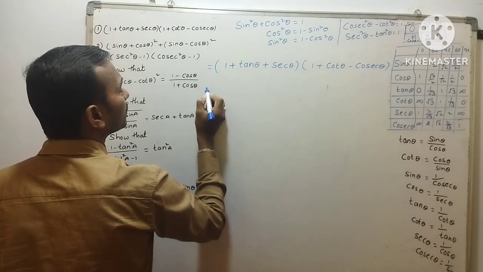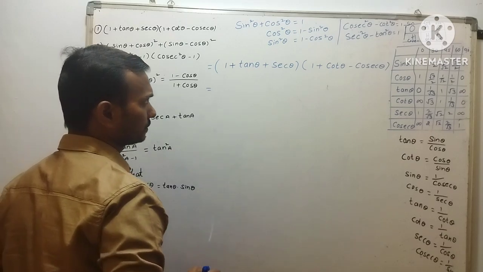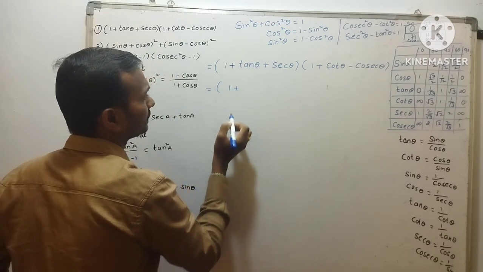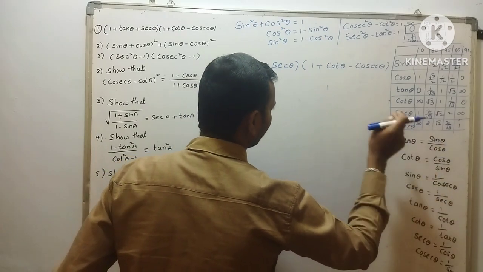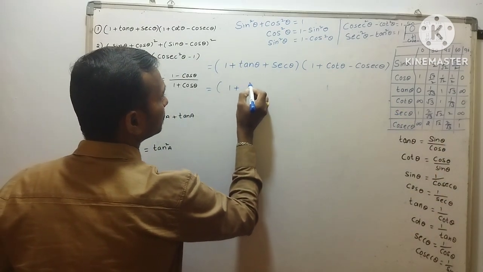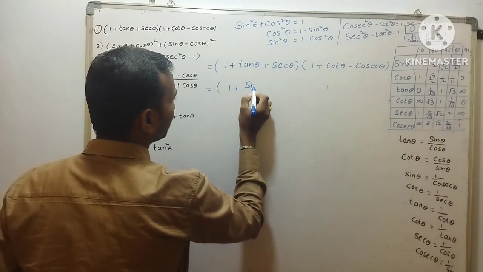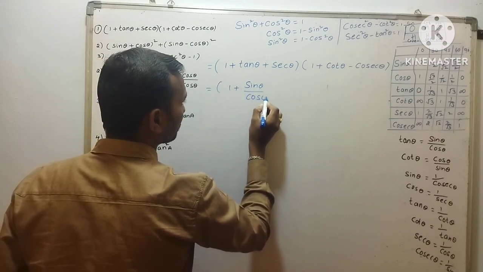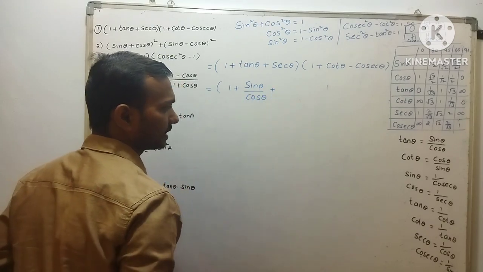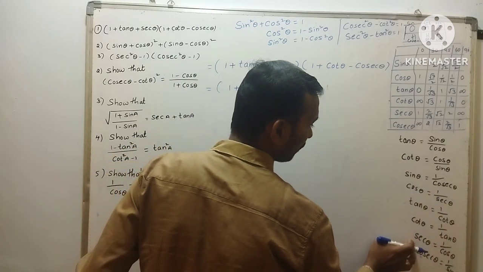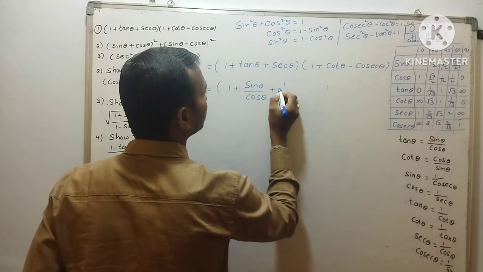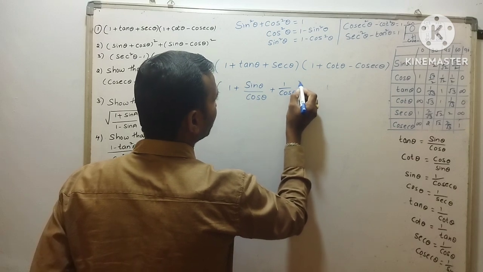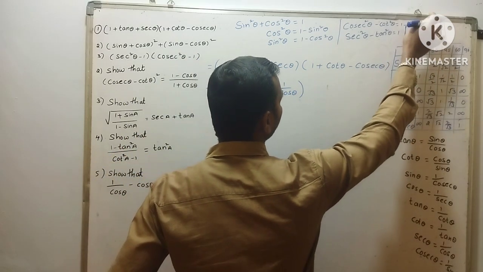Now, just you see, tan theta is nothing but sin theta by cos theta. Secant theta is nothing but 1 by cos theta. Secant and cos are reciprocals to each other.